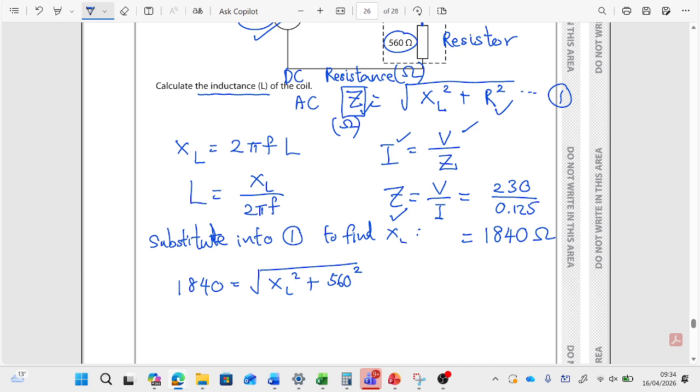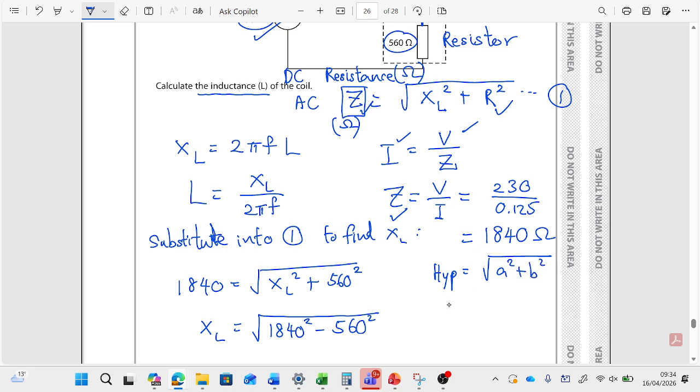Again, my brainy student today would have straight away known that when you are finding XL or R, it is always a minus, with the larger number take away the smaller number. If you remember GCSE Pythagoras, if you're looking for the hypotenuse, it's always a squared plus b squared.